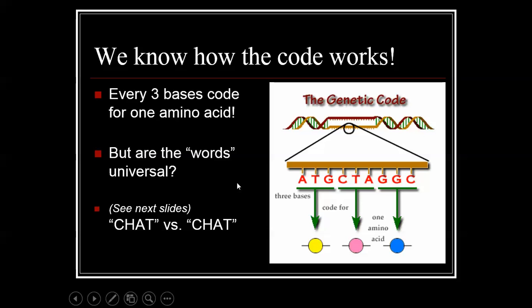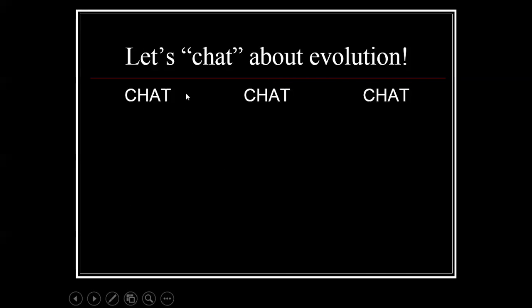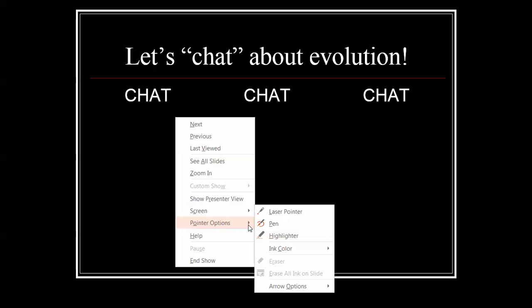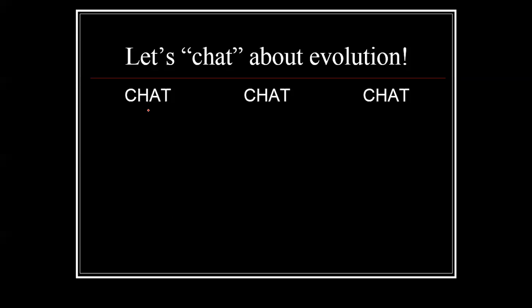So we're just going to do a little thought experiment here. I want you to read this word and think of what it means. If you are an English-speaking person, you probably pronounce it chat, and it means to talk. Usually when you're chatting, you're talking lightly, not a really serious conversation, nothing heavy or deep, just light chit-chat.